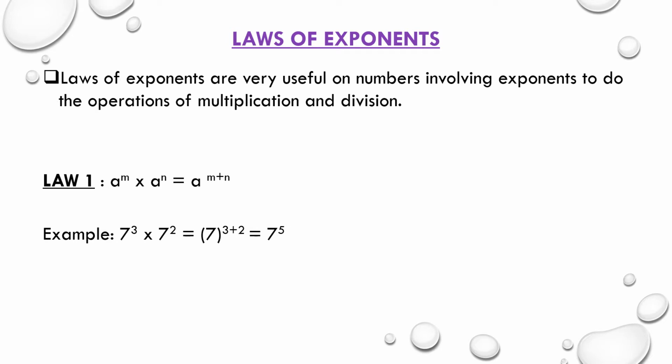You can see, children, in both the numbers a is a base and powers are m and n, and there is a multiplication sign between both of them. So when we have the same bases but the powers are different and the numbers are in the product form, what do we do? We write the base and the powers are being added. So it will become a raised to the power m plus n.